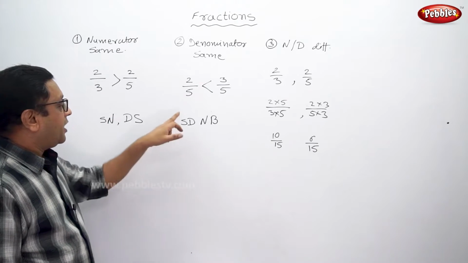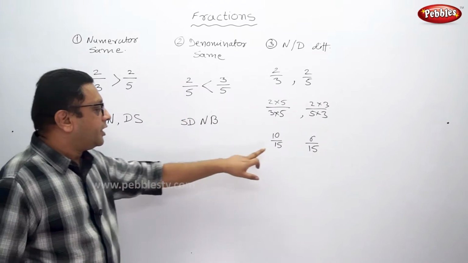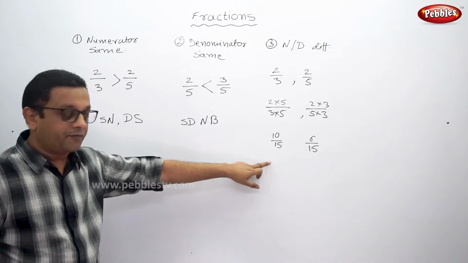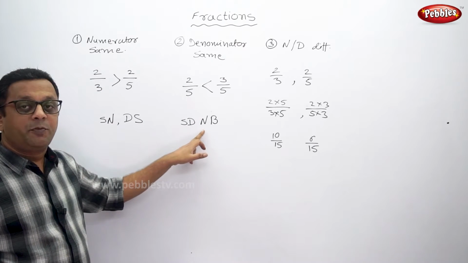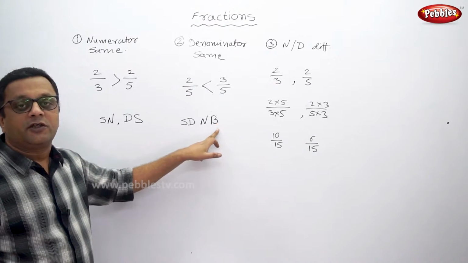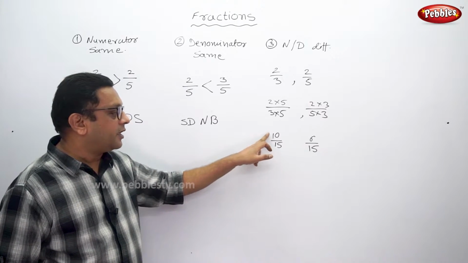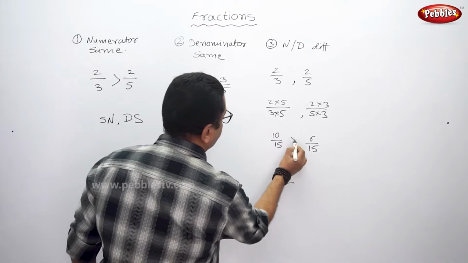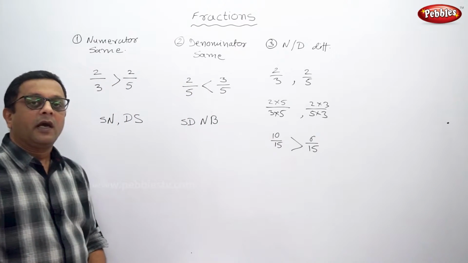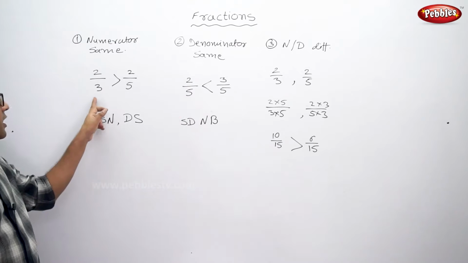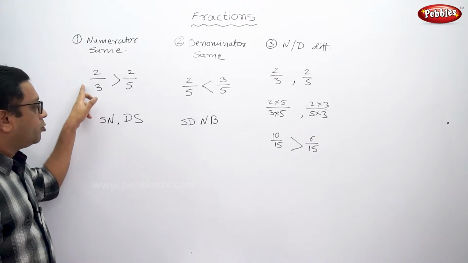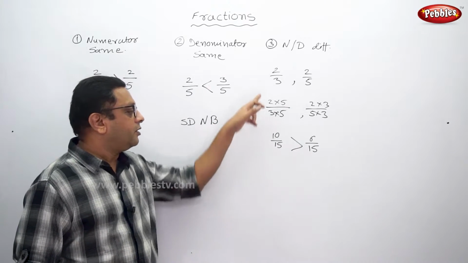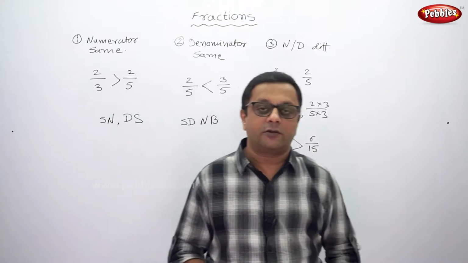So now let us apply this rule. If the denominator is the same, the numerator is big, the fraction is big. In this case, the numerator 10 is the bigger number, so this fraction is bigger. And this is the same answer as before, because 2 by 3 and 10 by 15 are equivalent fractions.